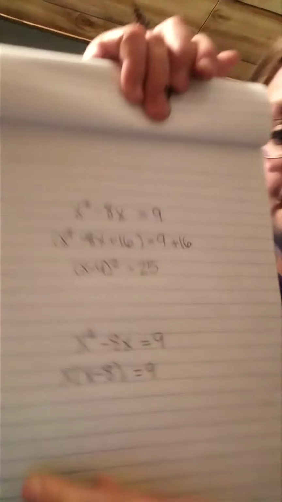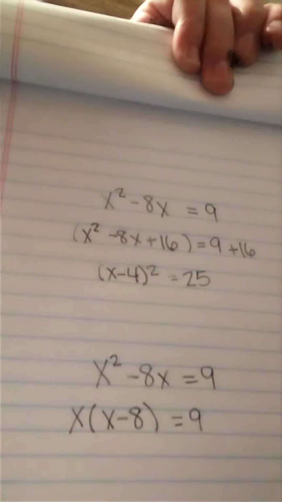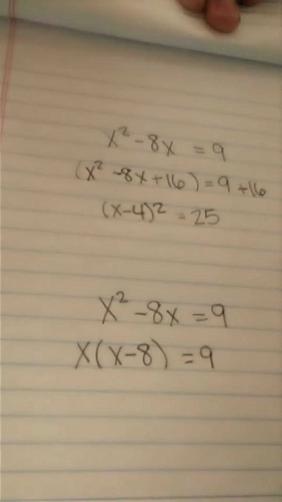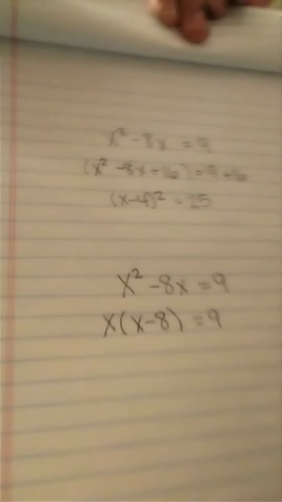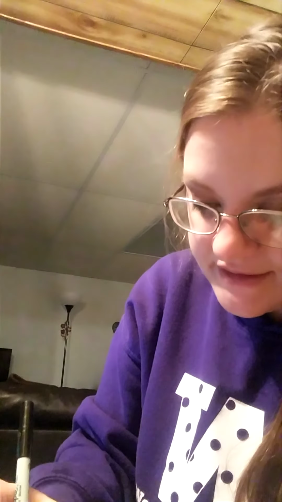I pull the x outside, and in parentheses I'm left with x minus 8, and then equals 9. So x times the quantity x minus 8 equals 9. Then I'm going to subtract 9 from both sides, and you get x times the quantity x minus 8, minus 9 equals 0.